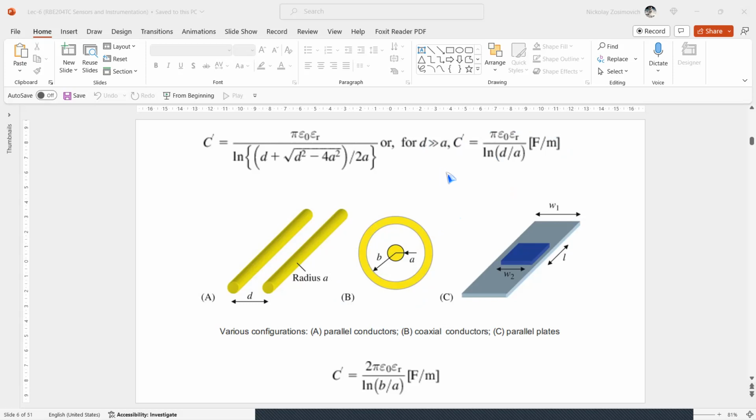The capacitance of other, less symmetrical configurations can be calculated analytically.